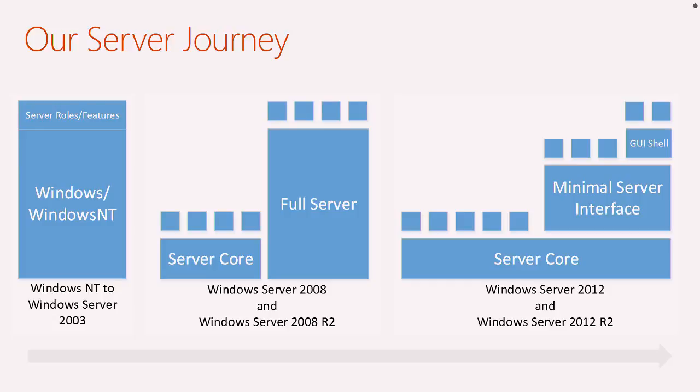With Windows Server 2012 and 2012 R2, Windows Server Full is actually Windows Server Core with the GUI enabled. And we have this fully layered build. This is actually a really good engineering thing that we did a lot of work to do.